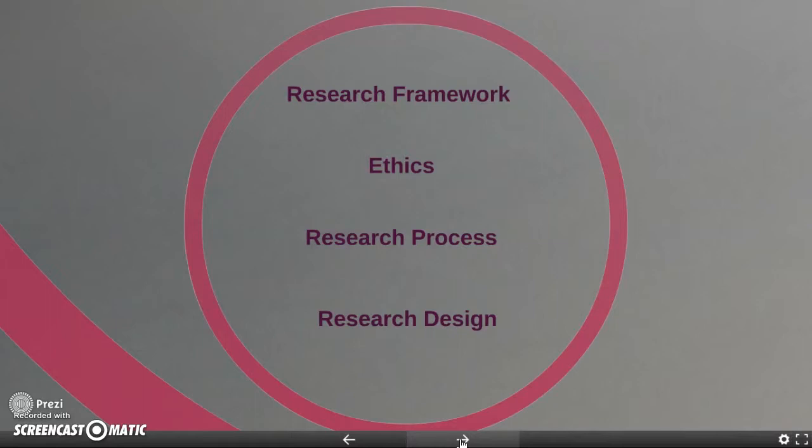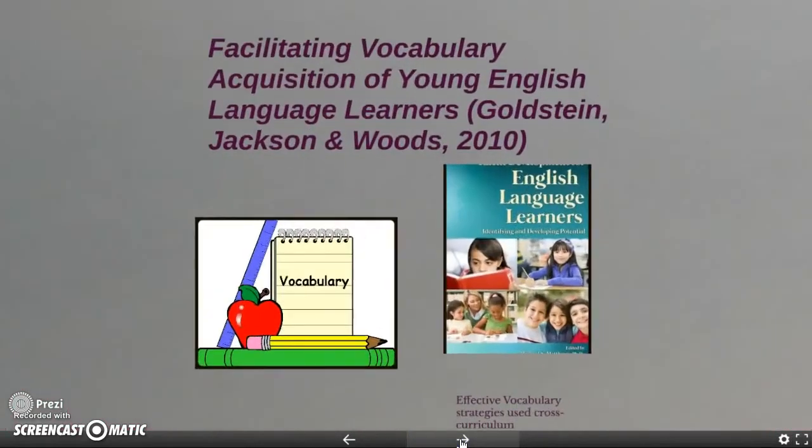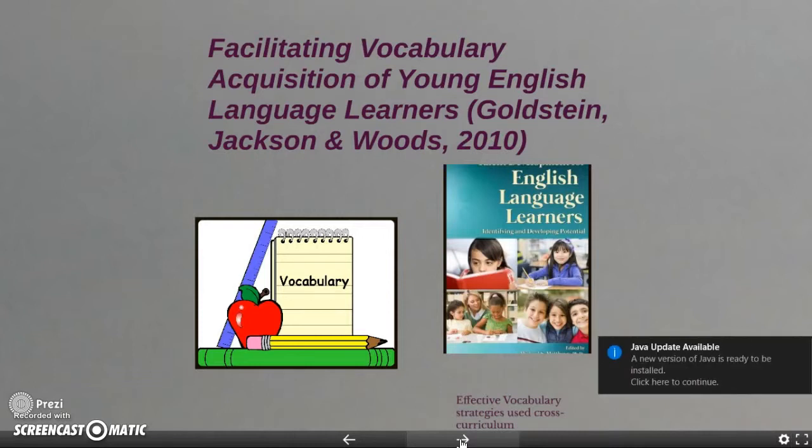In my own research, I found an article entitled Facilitating Vocabulary Acquisition of Young English Language Learners. I really feel that this article provides a good example of quantitative research method.